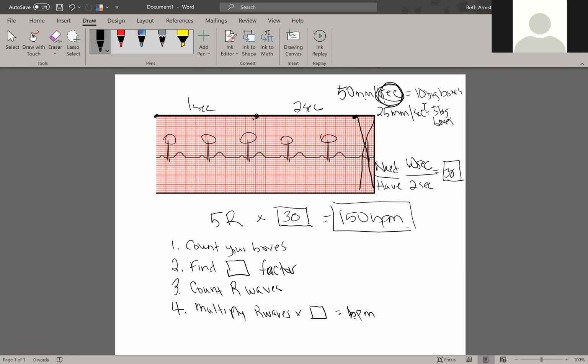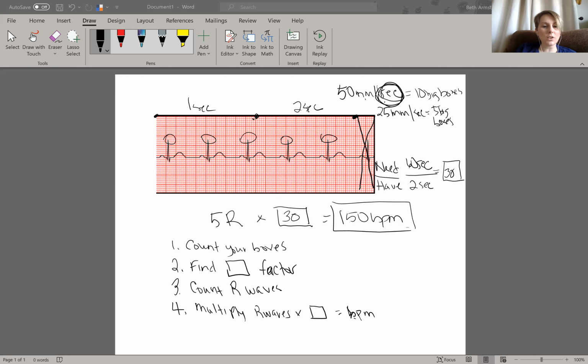Can we do another? Yeah, absolutely. Beth, I have a question. You said that for your QRS you have to have the correct outline, but I've noticed in the quiz that sometimes your R is downwards. Does that not count as an R? It does count as an R wave. That gets a little tricky, and that's a great question.